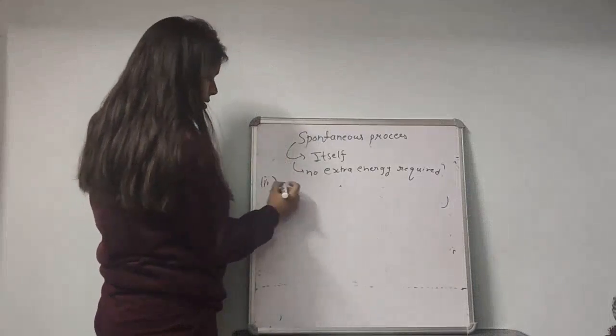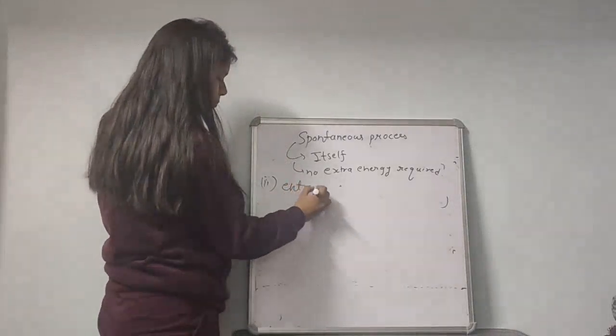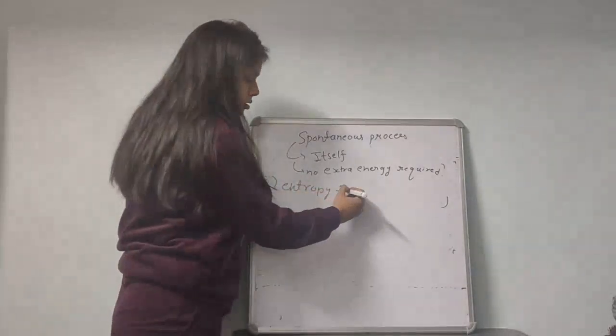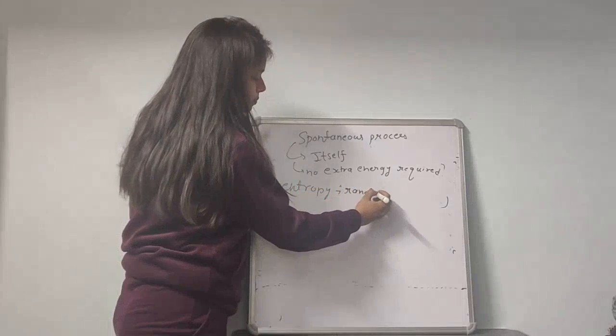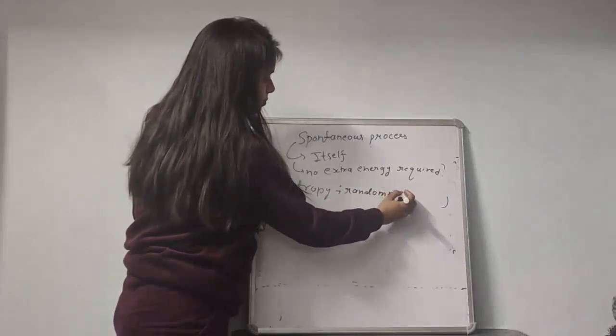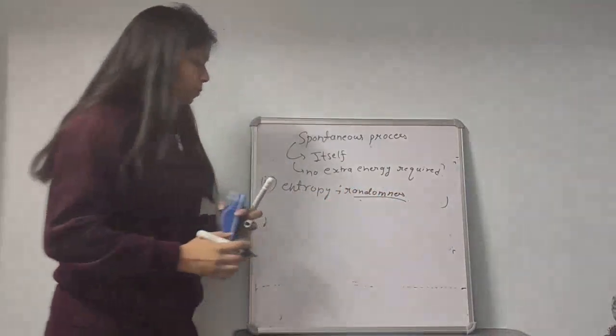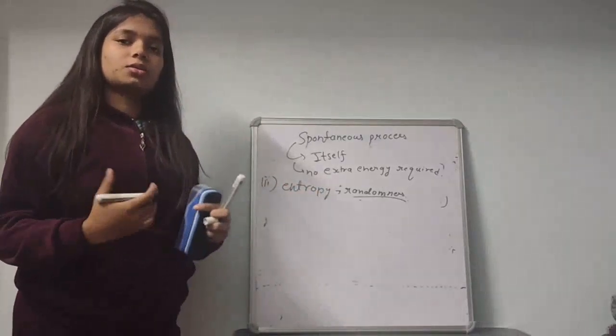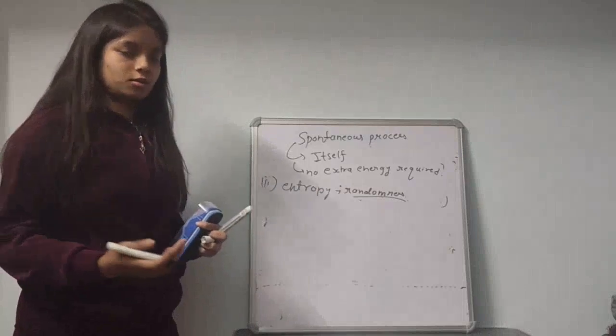And the second theory is entropy. What is entropy? Entropy is basically randomness in the system. It is considered that when the randomness in the system is increasing, it is a spontaneous reaction.